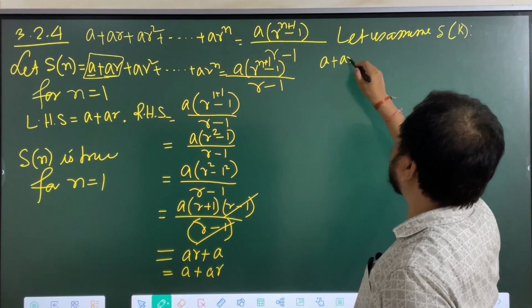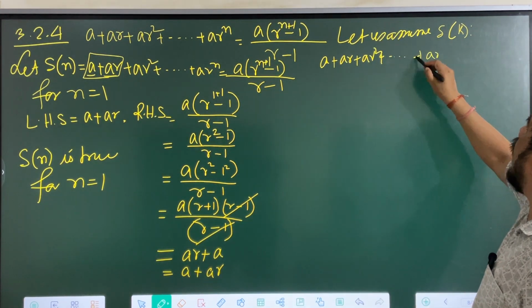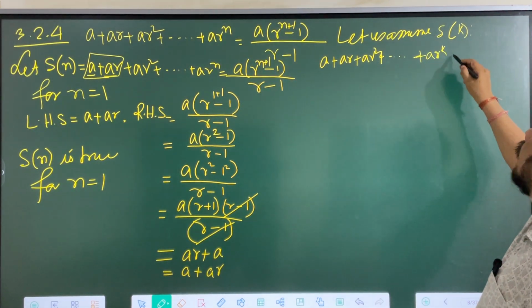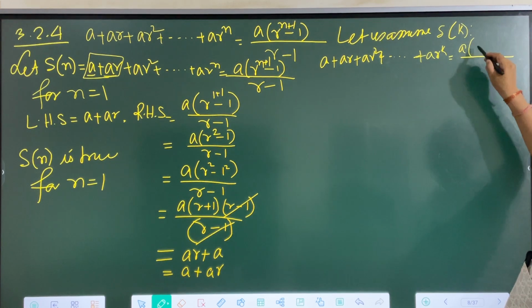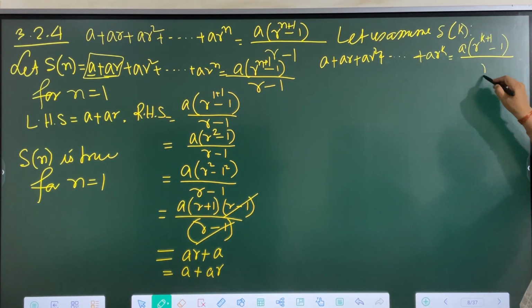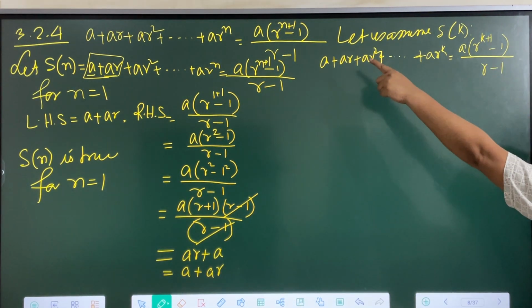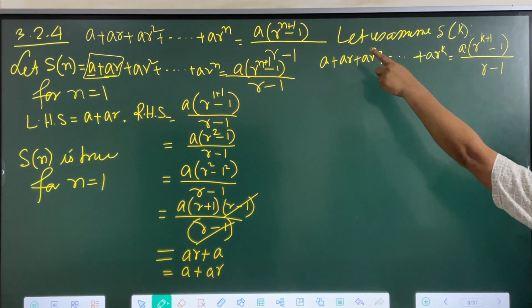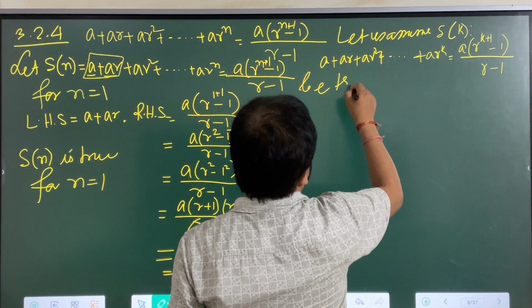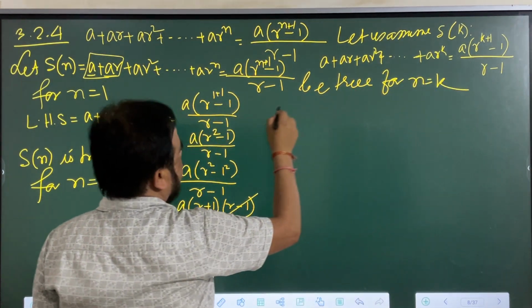A plus AR plus AR square plus ... AR to the power k, AR to the power n, so AR to the power k now, equals A R to the power k plus 1 minus 1 by R minus 1. In place of n, k plus 1 as it is. Be true for n equals to k.